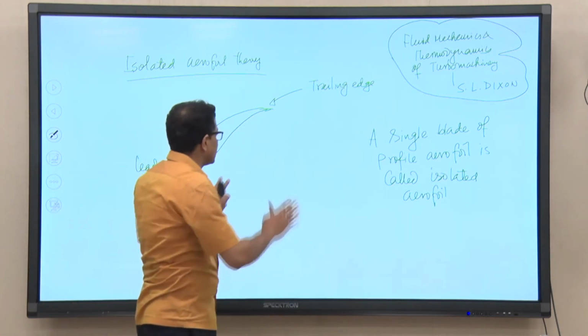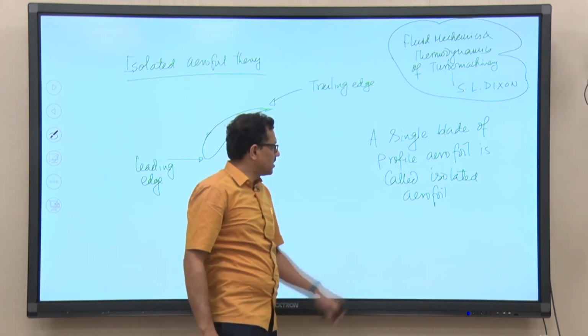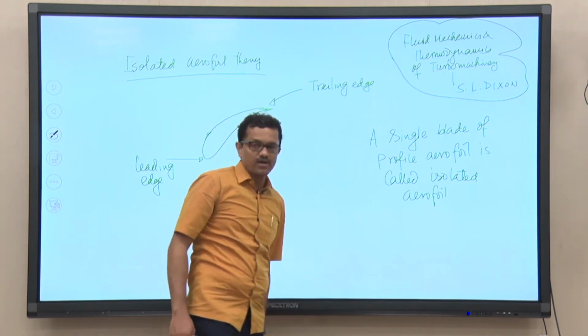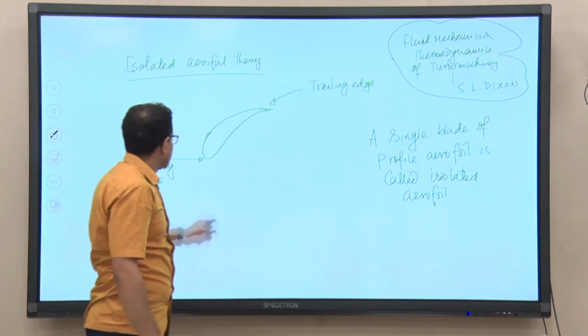So, basically a single blade of profile airfoil is called an isolated airfoil, that you can see.